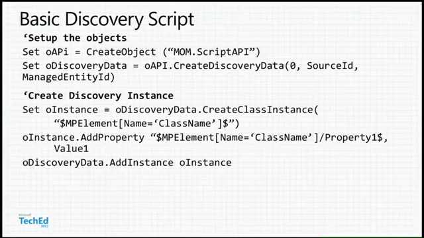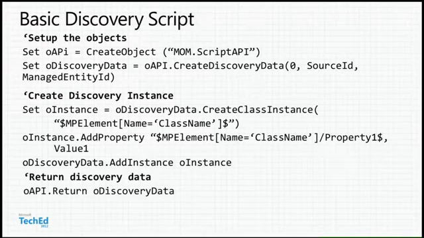If my class has properties, I add a property to the class by saying class name / property, and where value 1 is, I replace it with the property. Once I've finished creating that instance, I add it to the discovery data. And finally, I return the discovery data, because if I don't return the discovery data, nothing's going to happen. That's your basic discovery script. All discovery scripts look like that.